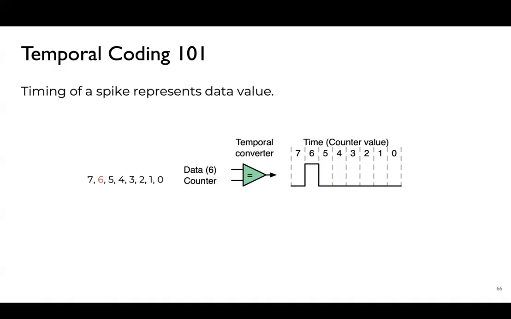For this example, the temporal coded bitstream for value 6 has a spike at cycle 6. This conversion from binary to temporal is achieved by a comparator and a counter.